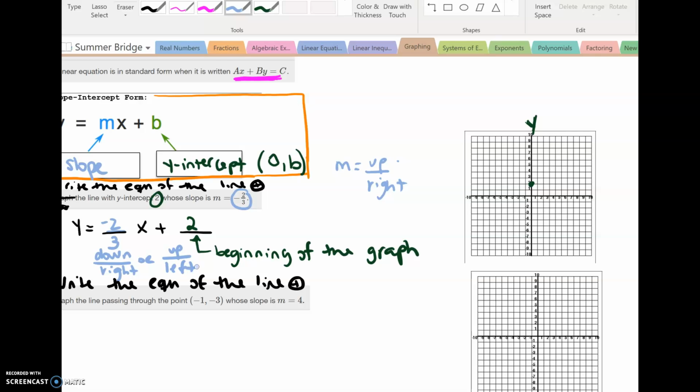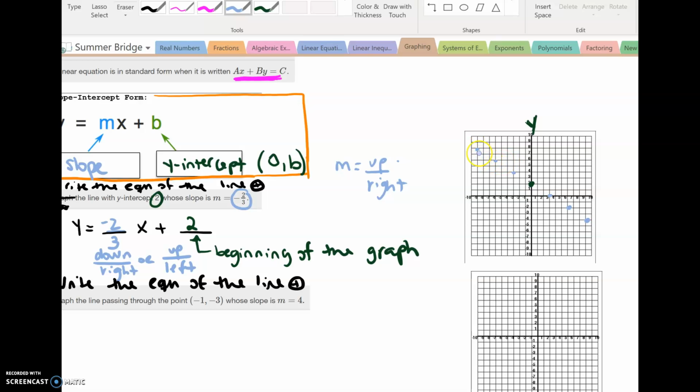Both of which are going to work just as well. So I'm going to go down 2 and to the right 3. 1, 2, 3. Down 2 to the right 3, or I could go up 2 and to the left 3, and I can keep going.